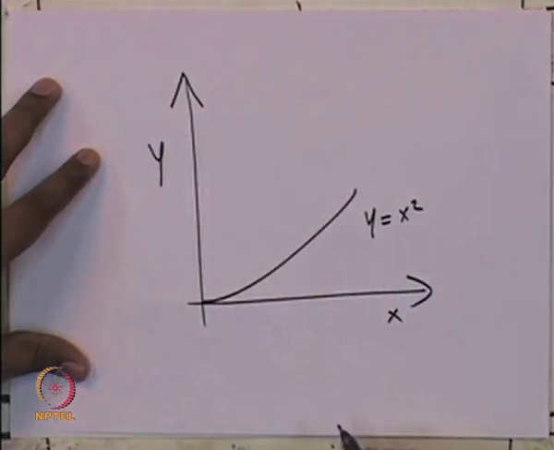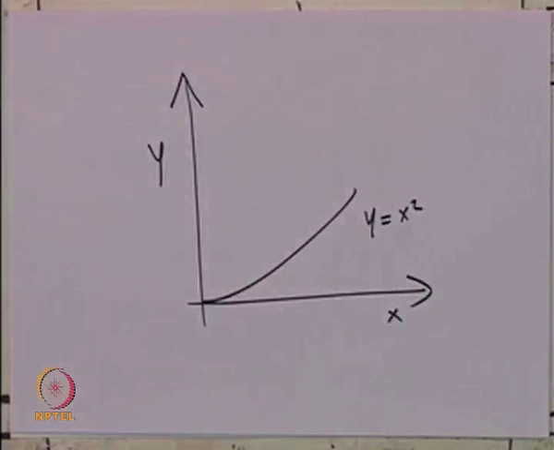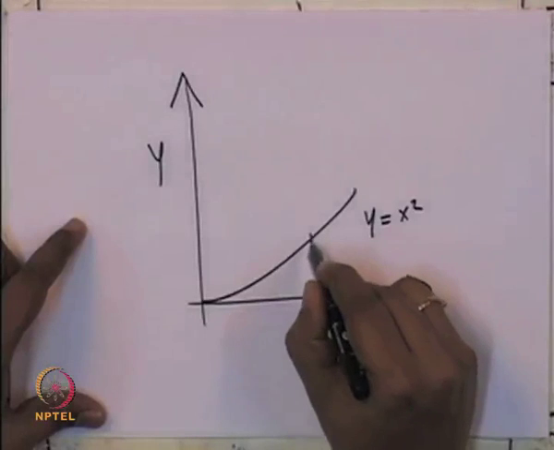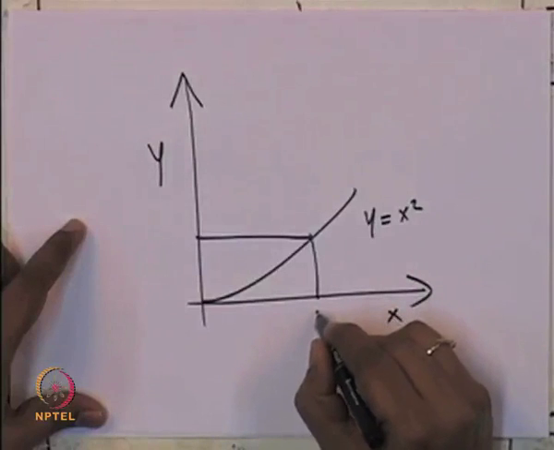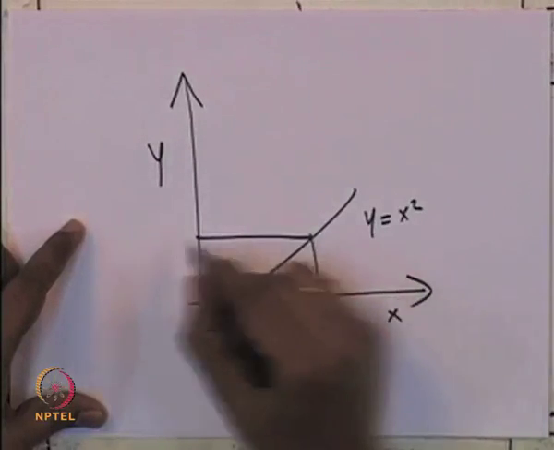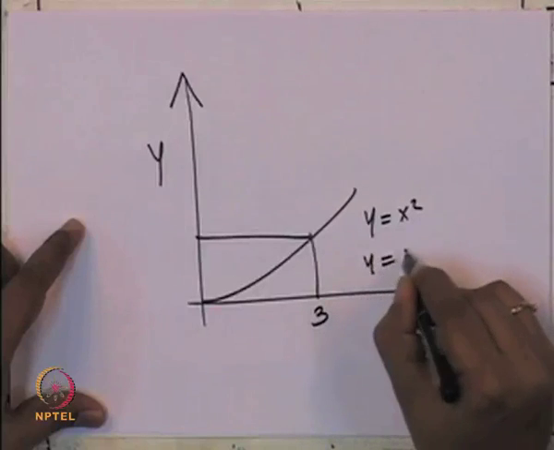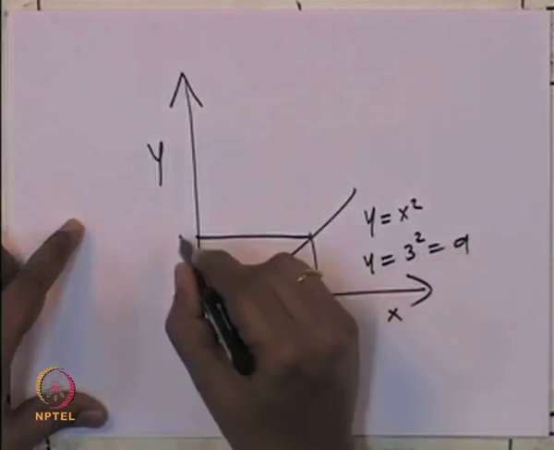If we know the x value, the corresponding y value is given by the square of it. So if this was 3, this would be 3 square, equal to 9.